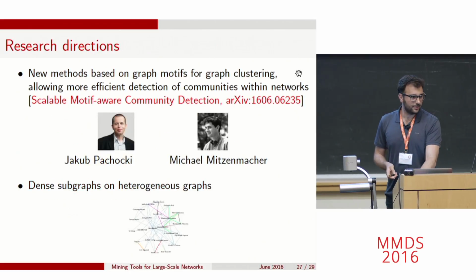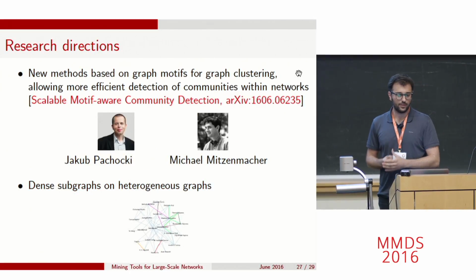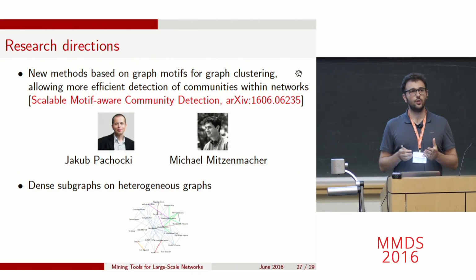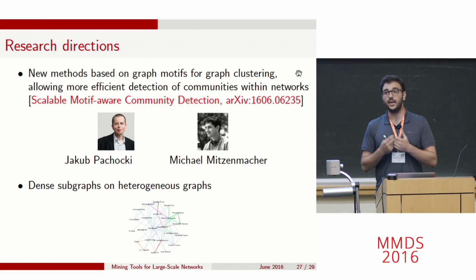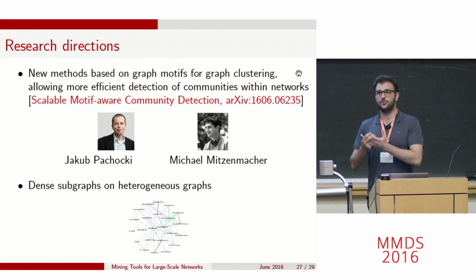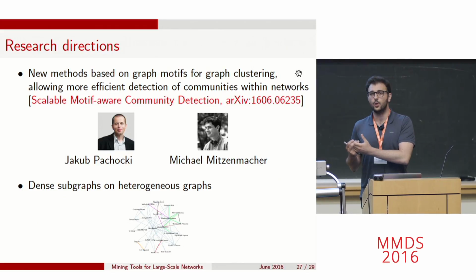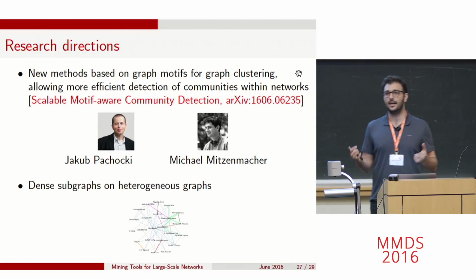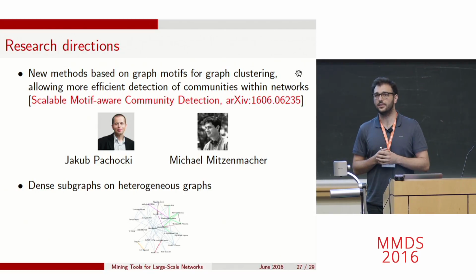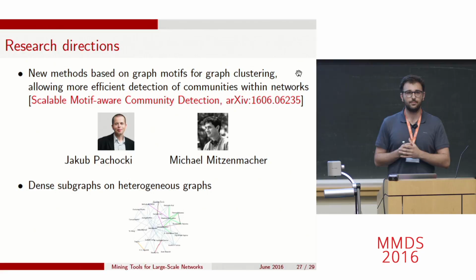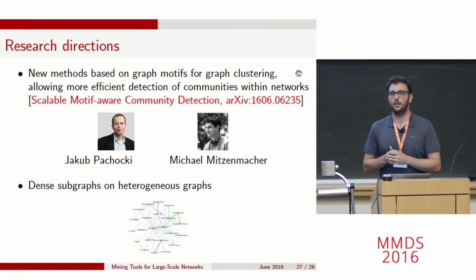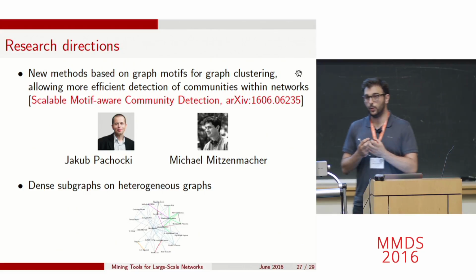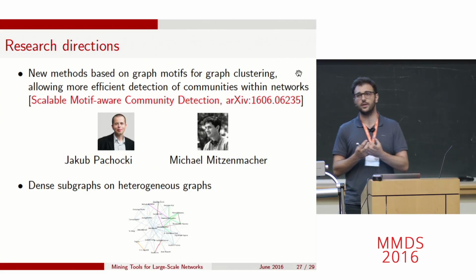So I would like to conclude my presentation with a few research directions. So here we saw that by taking into account motifs, triangles, K4s and K5s, we were able to attack a very hard problem in practice, which is the problem of finding large near-cliques in large-scale data sets. So as David presented earlier, the idea of using motifs can give unique insights into the community structure of a graph.